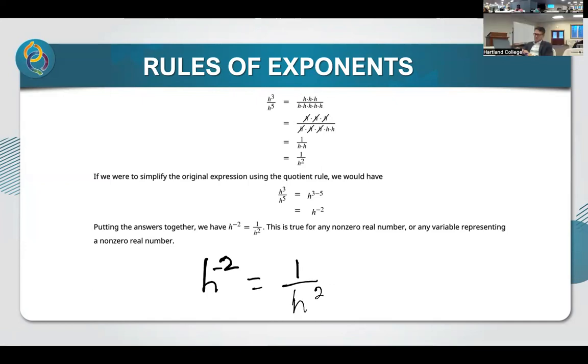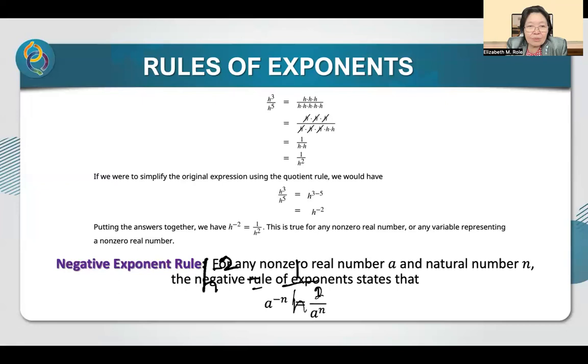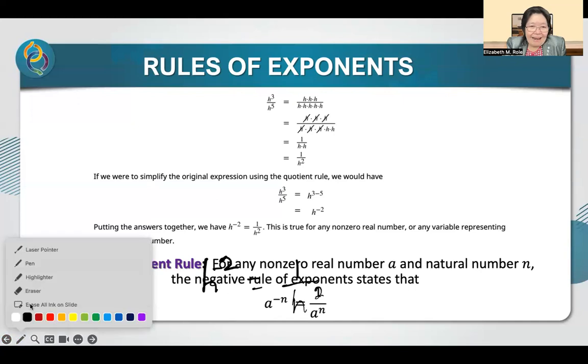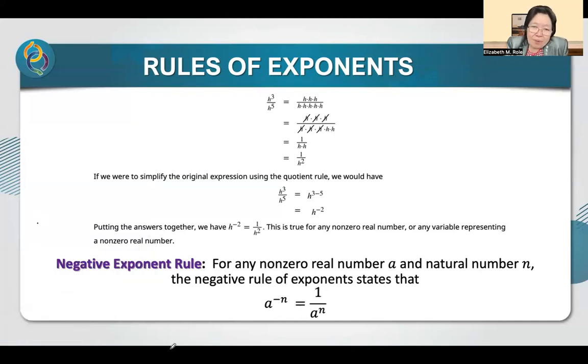So you notice this is the rule of negative exponent: a to the negative n is the same as 1 over a to the n.